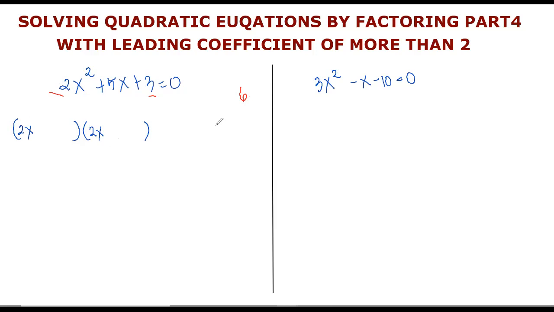We have 2 and 3. 2 times 3 is equal to 6. When we add these two numbers, it will give us 5. Once we have the sum that matches the middle term, we copy the factors of 6 that we got.